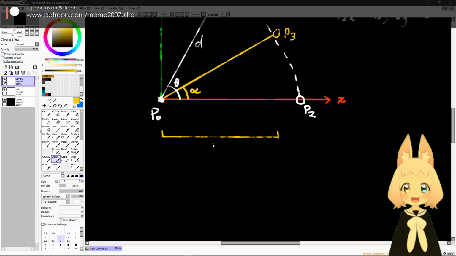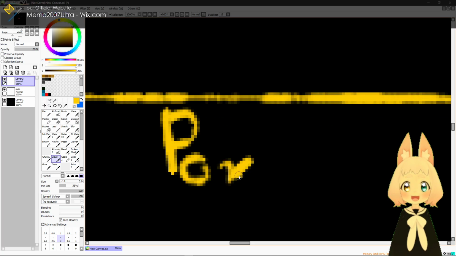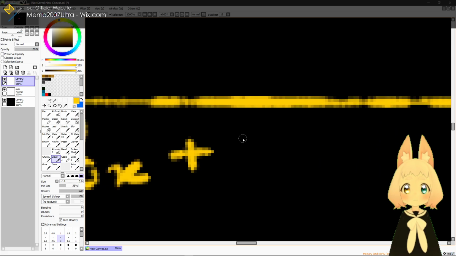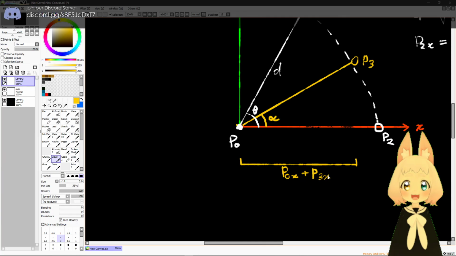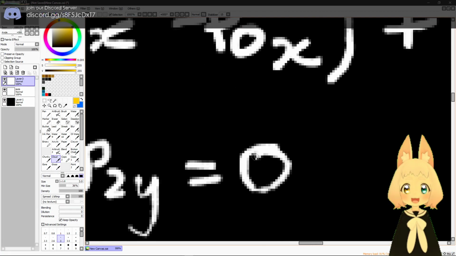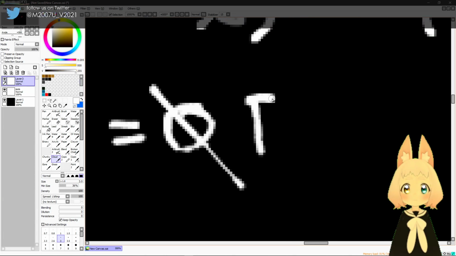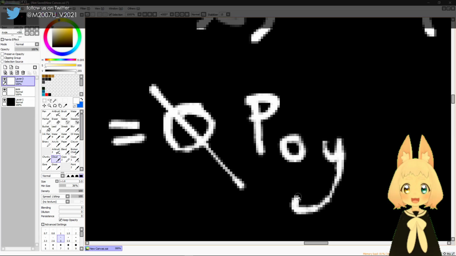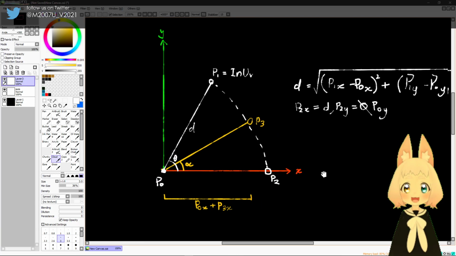Is P0x plus P3x. That is something we need to be aware of. Oh wait, so P2y is not 0. P2y is P0y. Alright. Have to be careful, it's relative to this point.